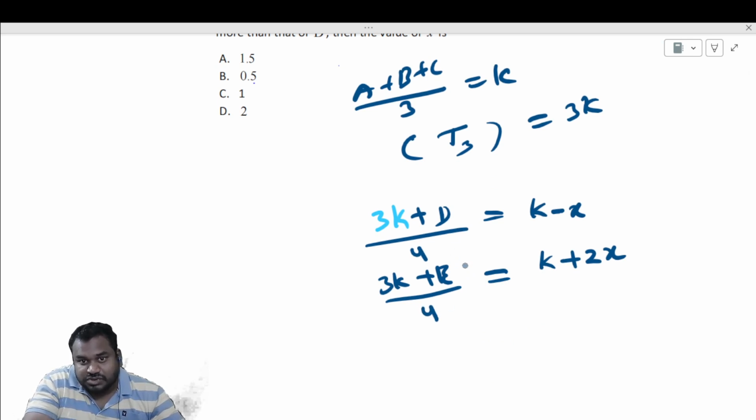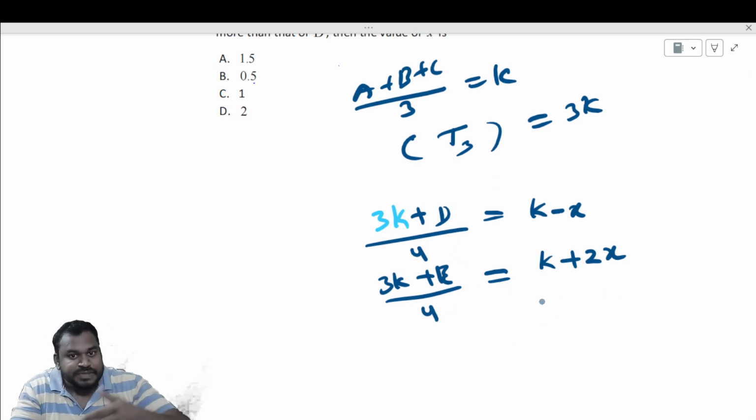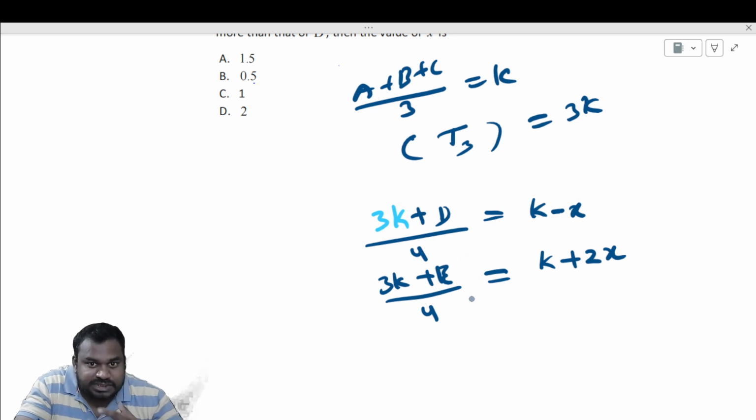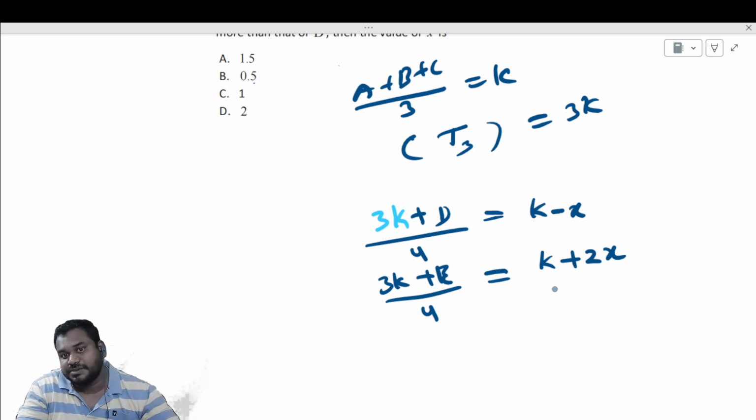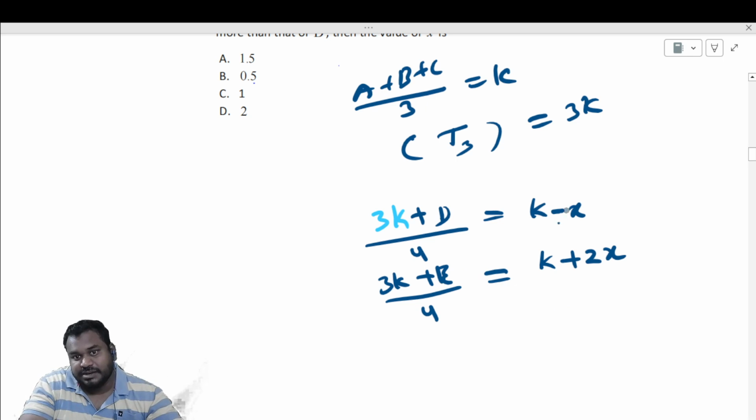See, looking at these two equations, you can understand one thing. If you subtract this equation from this, many things will get cancelled. A minus k plus k. So the right side will become 3x.